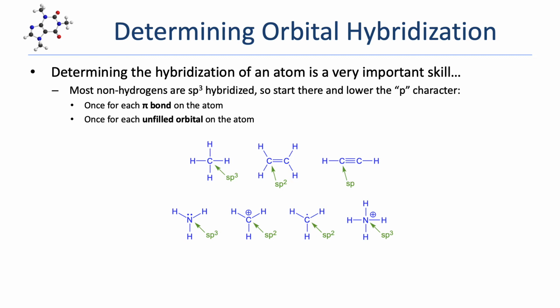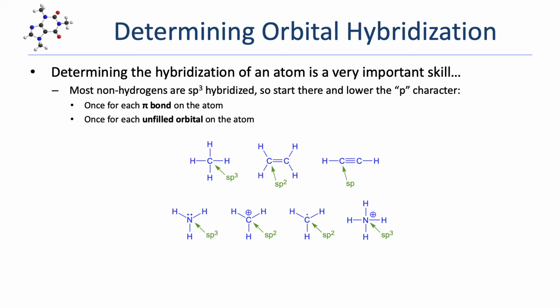So let's look at a handful of examples. Let's start with the molecules we've already dealt with: methane, ethene, and ethyne. If we look at the carbon atom in methane, we can see that there are no double or triple bonds on the carbon, so there are no pi bonds. We can also count the total number of electrons on that carbon. And here I'm talking about counting electrons for valency purposes, which means all the electrons.